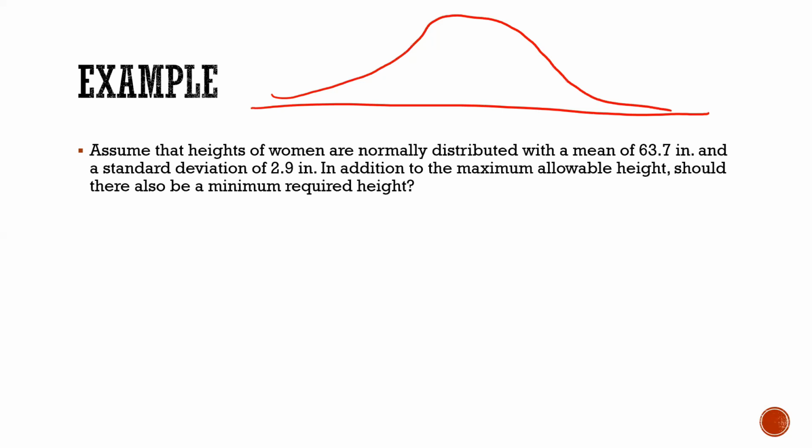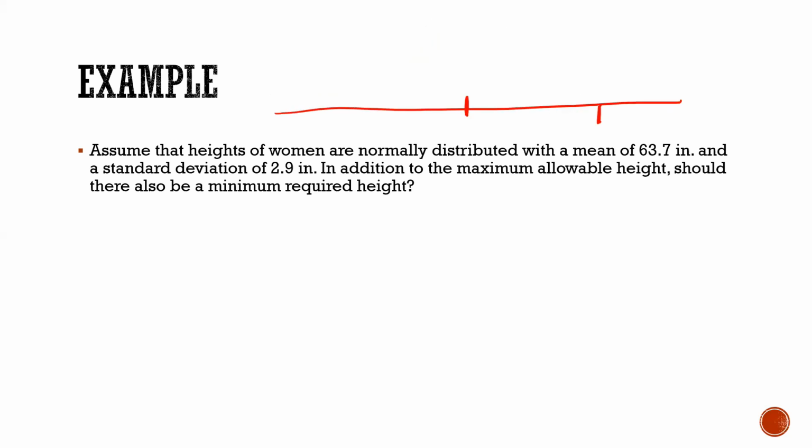So I know it says it wants 95% of women to be shorter than that, right? So am I going to have my Z value somewhere over here, or somewhere to the left, or somewhere to the right? Well, we're looking at the area to the left, but the Z value itself is to the right.